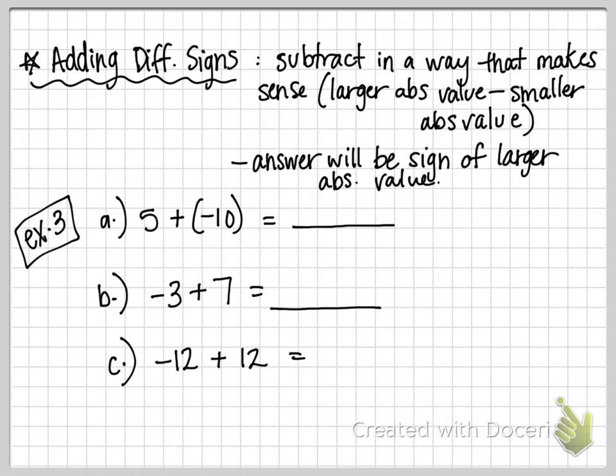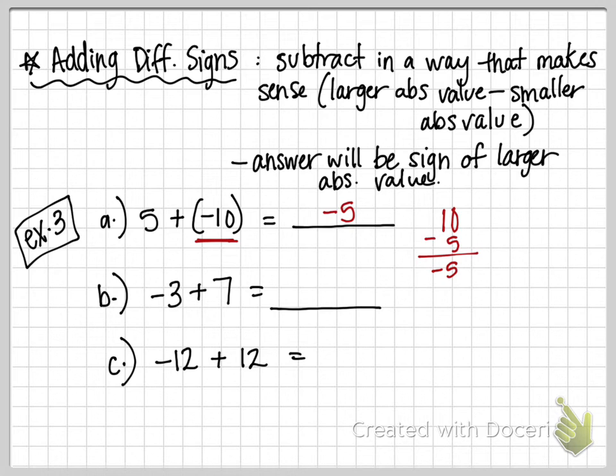The other way, without the number line: 10 on top, 5 on the bottom. 10 is the bigger absolute value, and it equals 5, so it's a negative. We took the bigger absolute value, 10, subtracted the smaller absolute value, 5, and the sign of the answer is the sign of the number that had the bigger absolute value. The number line would also have been a great way to visualize this and get the same answer.